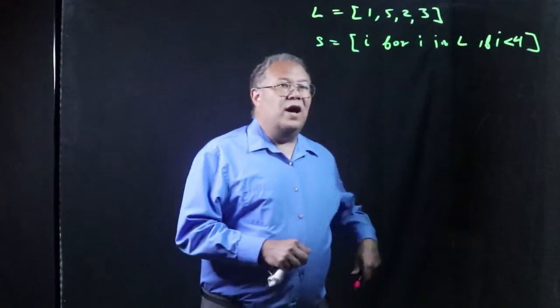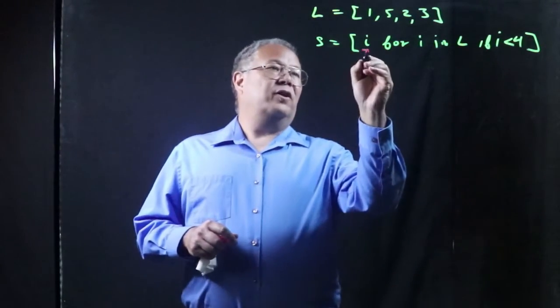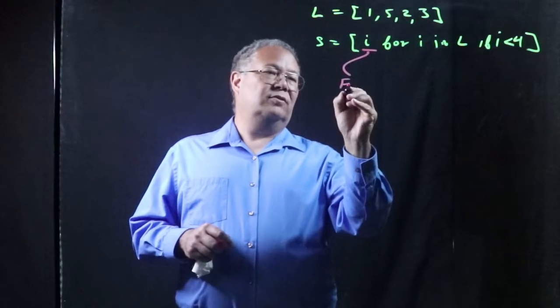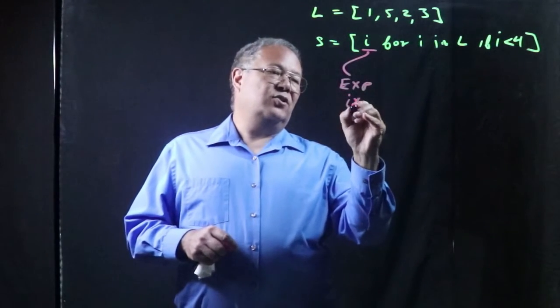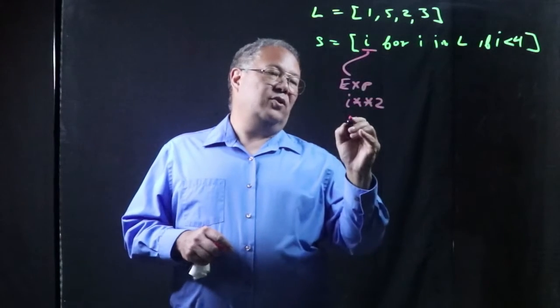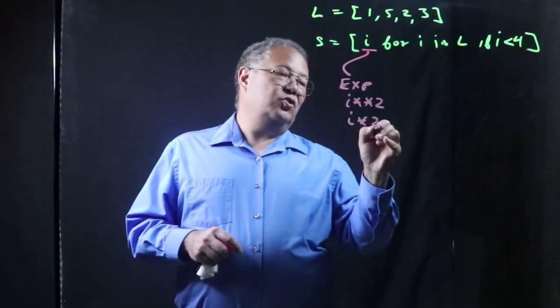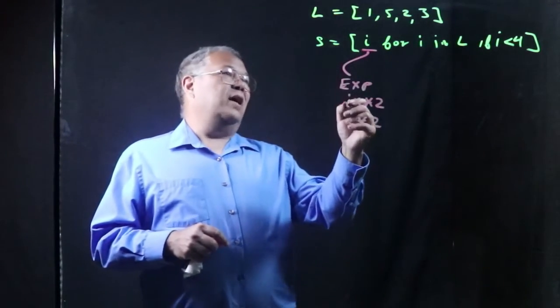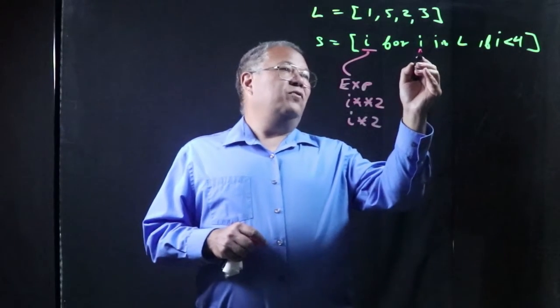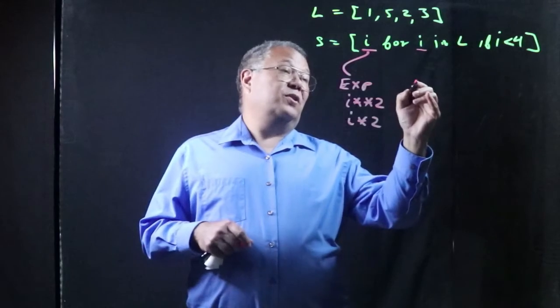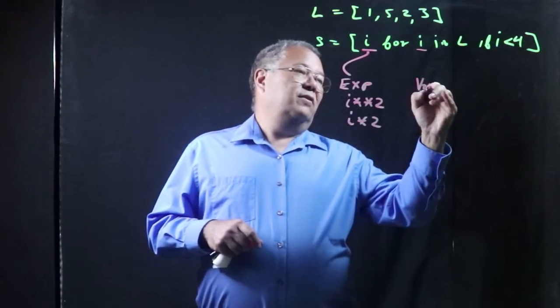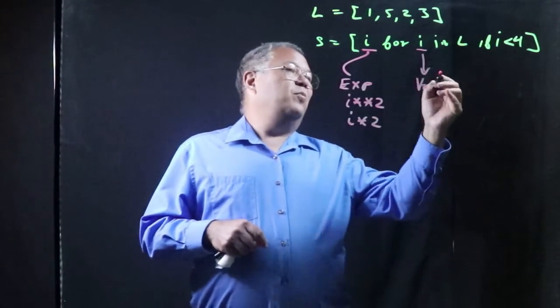First of all, we've got over here an expression. And we saw some expressions like I star star 2 to square it, or I times 2, but some calculation out there. Then we've got this, which is a declaration of what variable we're going to be using in the list. Okay, the variable.